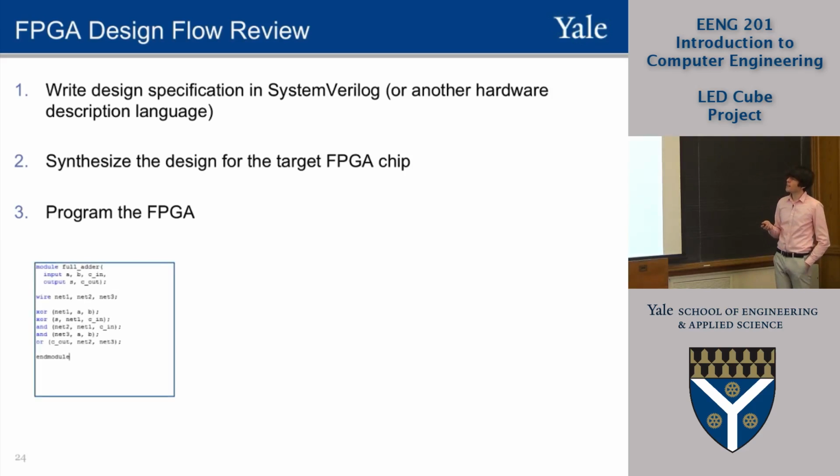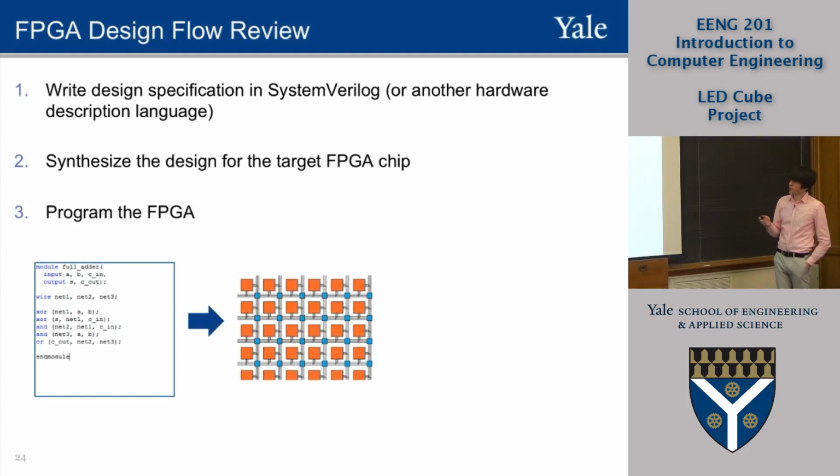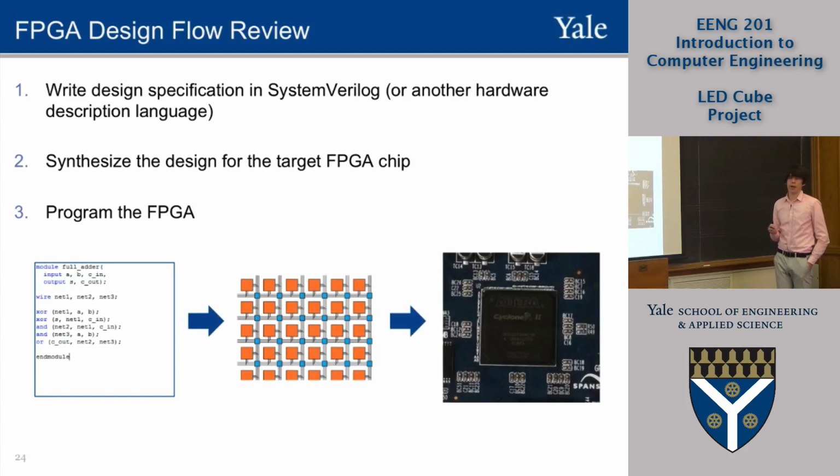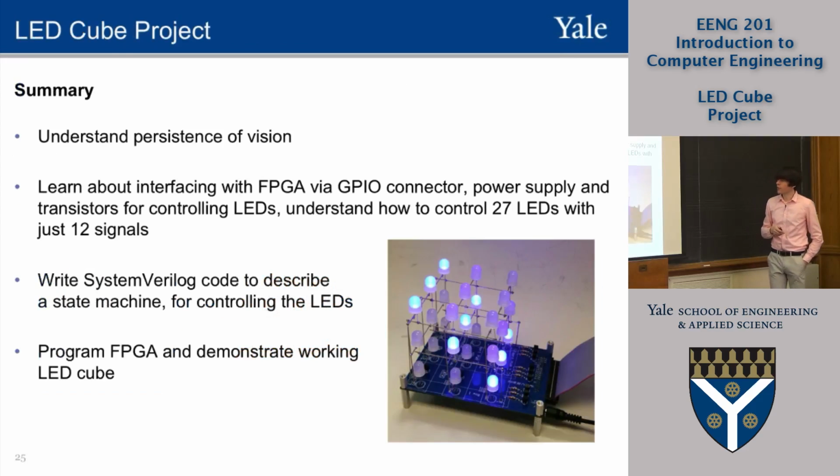Then you synthesize the design to the FPGA and actually program the FPGA. Once the FPGA is connected and programmed, we'll also tell you which pins connect to the GPIO pins and the LED cube. So once your state machine is running and assigning values to these row and vertical plane control signals, you'll be able to turn on the LEDs on the LED cube.